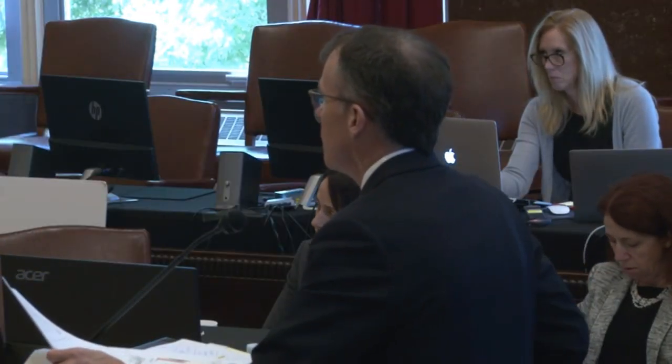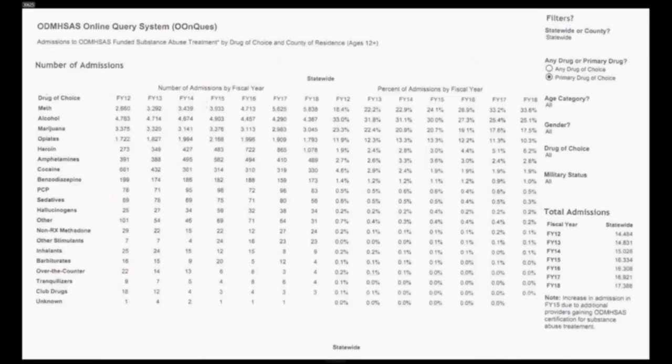And this is something that you have seen before, correct? Yes. It's in evidence, Your Honor. Permission to publish. Yes, you may. And this is a printout from the query system by primary drug of choice, right? Primary drug of choice is what is checked here. And you were here yesterday when we ran through a series of court exhibits that showed year by year how admissions as tracked by the query system had changed year over year for different substances, right?